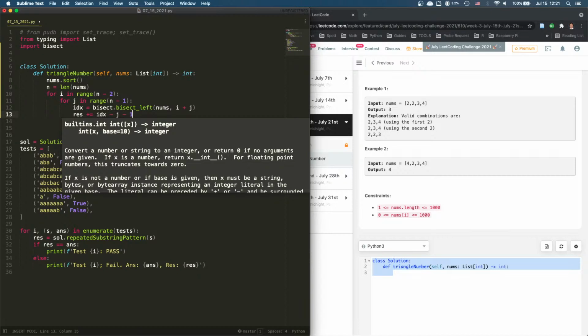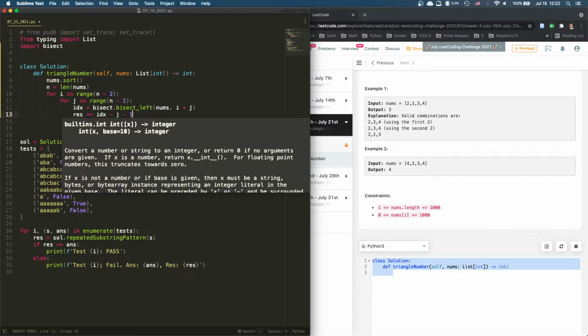So with 4, we say bisect left, which is actually gonna go here, all right? And then when I say this minus this itself, what if it's 3? 3 is going to be pointing here. So that's the problem, right?